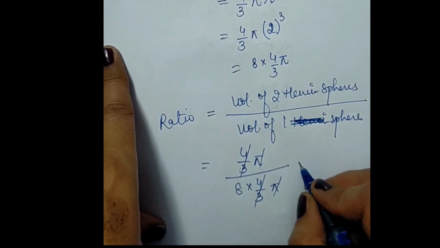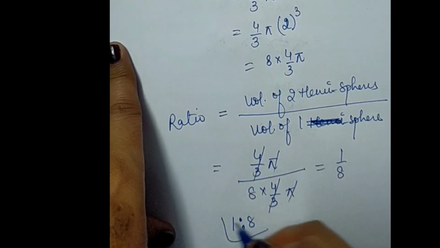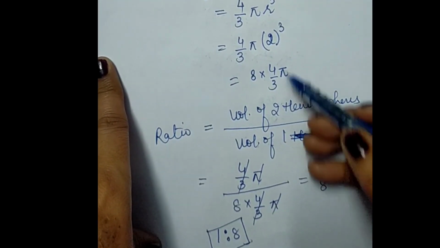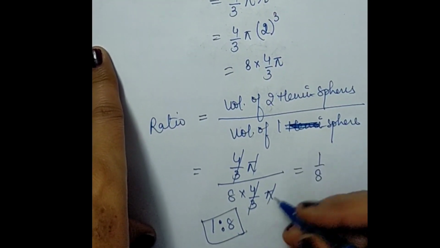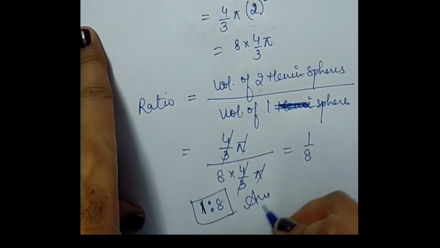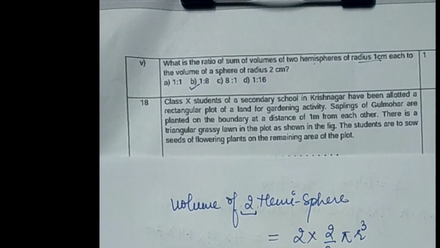Pi gets cancelled and 4 by 3 as well gets cancelled, and we are left with 1 by 8 or 1:8 ratio. That is why I have not solved it here only, because I know that it will get cancelled and we will be able to solve it easily. So 1:8 is the right answer. Let's see. Yes, it is here. Second part, that is 1:8.